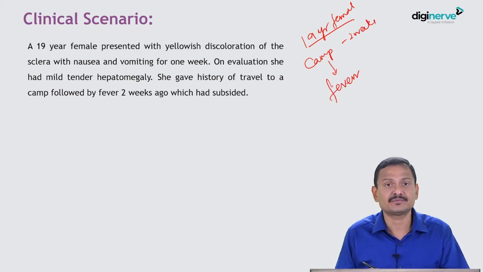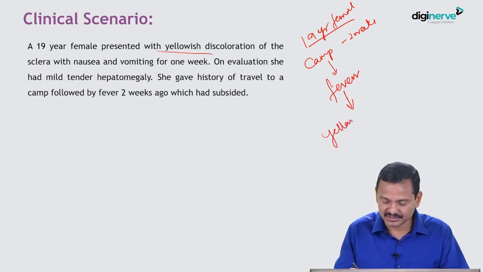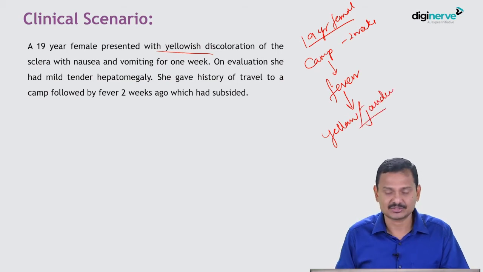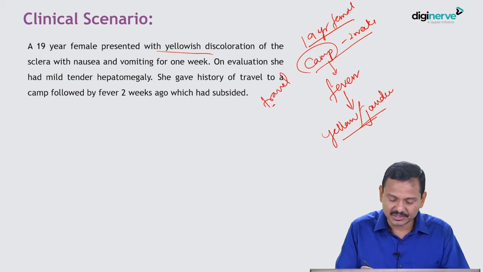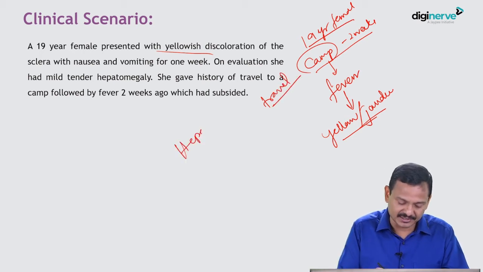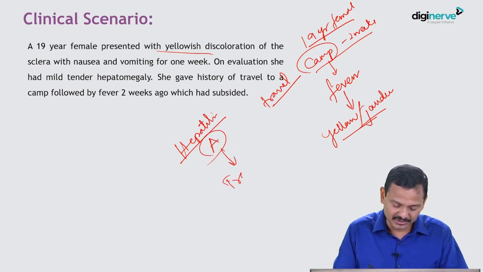Okay, and when the fever subsides, she starts to develop yellowish discoloration, or you can say she has jaundice. Okay, she has jaundice. So if you think the history of travel, is it important here? Yes, history of travel to the camp is important because hepatitis, especially hepatitis A, is an infection that is acquired from travel.